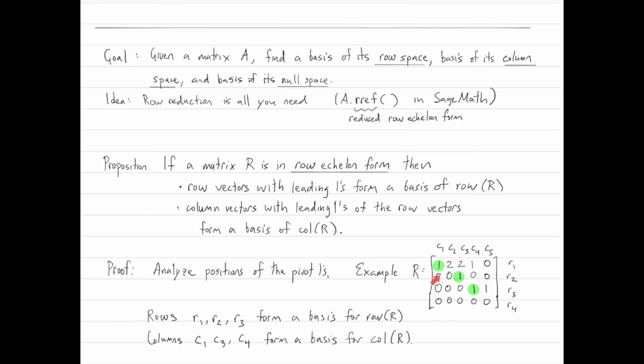The other numbers that we multiplied row 2 and row 3 by won't affect the first component, because they just had zeros there. And so because we're assuming that linear combination is 0, 0, 0, 0, that forces the number we multiplied the first row by to be 0. A similar argument will show why these columns form a basis for the column space.